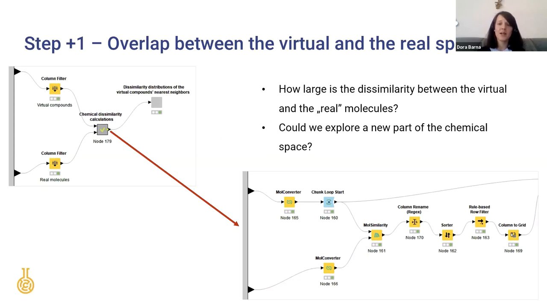For this, we are going to use a systematic structural dissimilarity calculation to see whether we got really far away from the space of the input molecules, in order to make sure that with our Enamine compounds we are really exploring a new part of the chemical space, and we'll finally be able to identify novel compounds in the Enamine database.